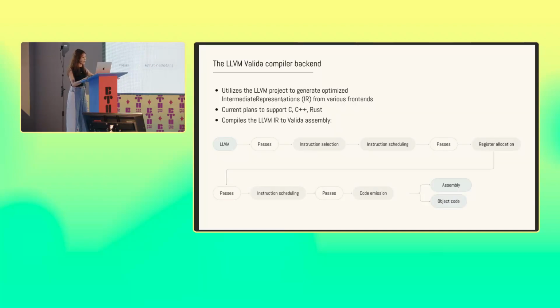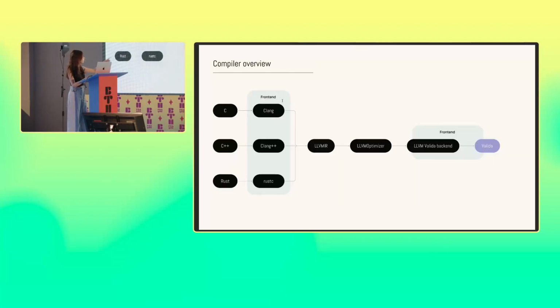And this is the compiler backend. We are writing this LLVM IR to Valida compiler, and this is how the LLVM toolchain works. So we're writing the LLVM Valida backend, right? And these are all existing toolchains.